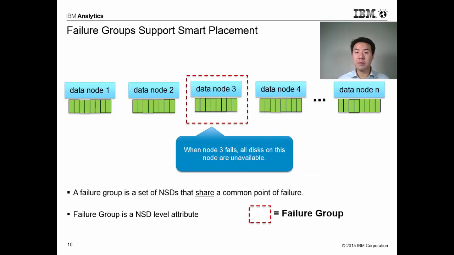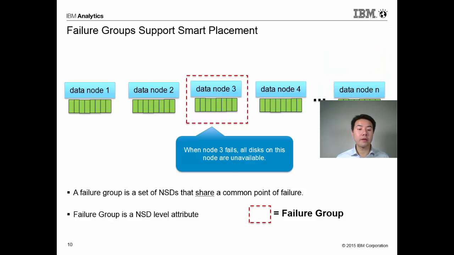And failure group simply means all the disks that failed at the same time. So if we're trying to protect against node level failure, what we would do is define the NSDs that are attached to a specific server to be part of the same failure group. So in essence, a failure group represents all the NSDs that share a common point of failure.